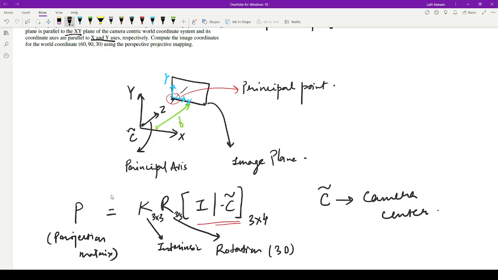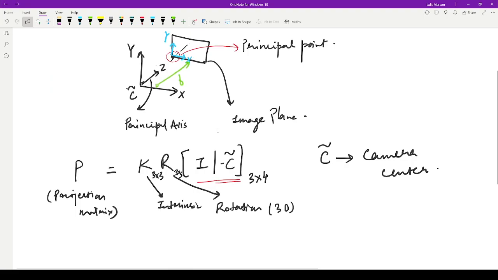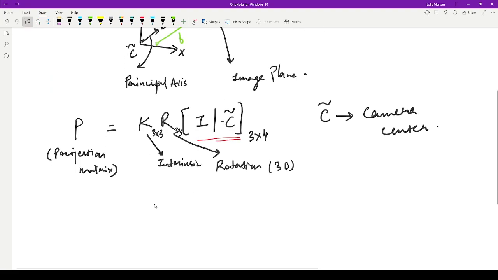What are the different components of a projection matrix? We first convert this question into math form. What is K?